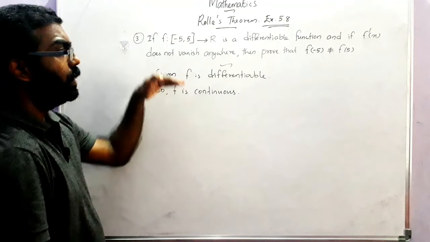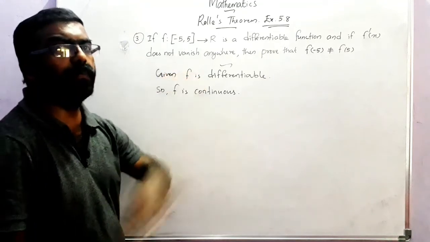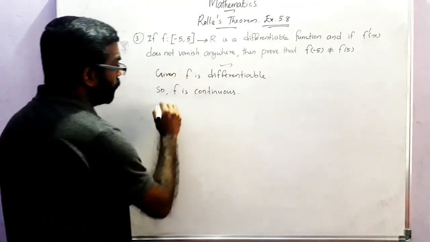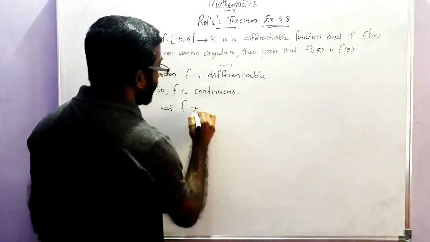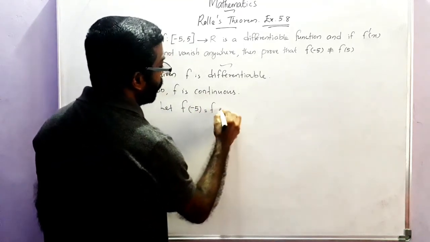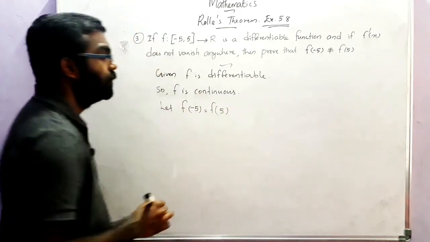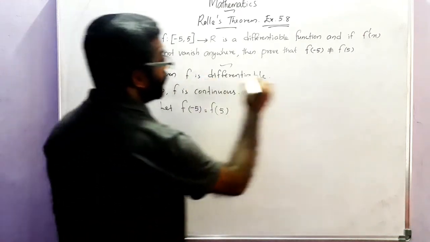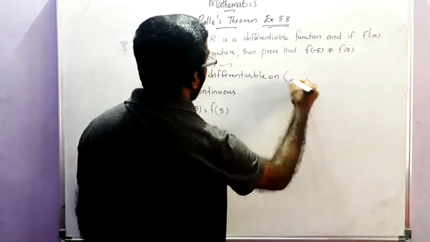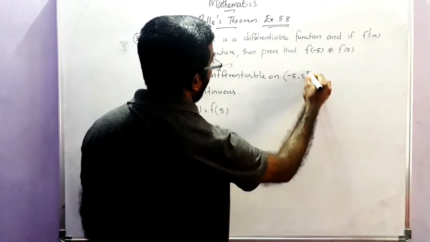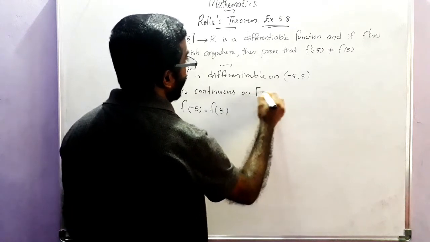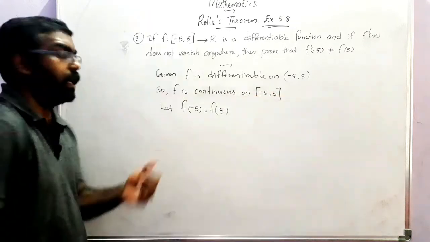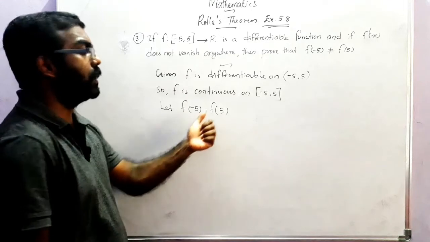So here f is differentiable and f is continuous, and let us assume f of a is equal to f of b. Here f of minus 5 is equal to f of 5. So f is differentiable on open interval (-5, 5) and continuous on closed interval [-5, 5], and we assume that f of minus 5 is equal to f of 5.